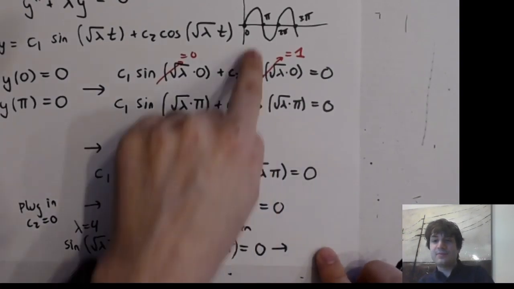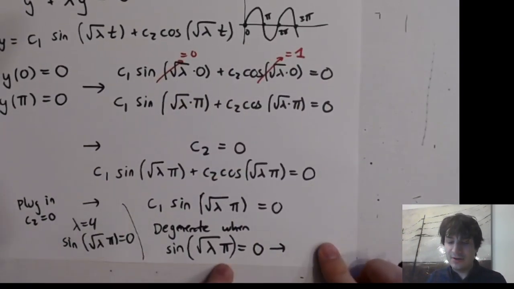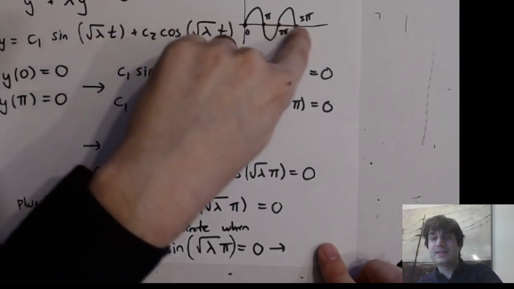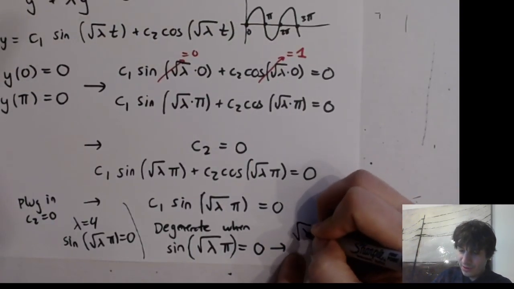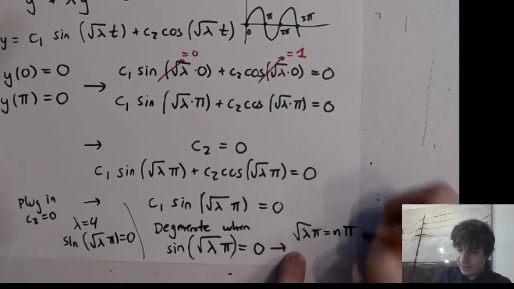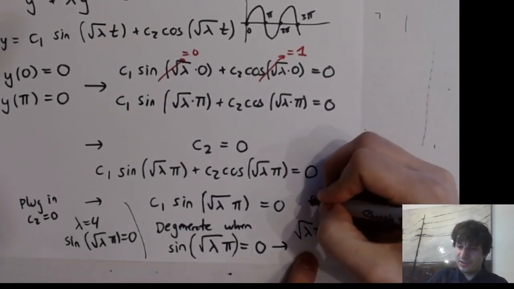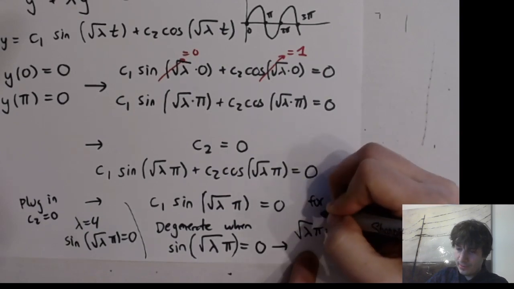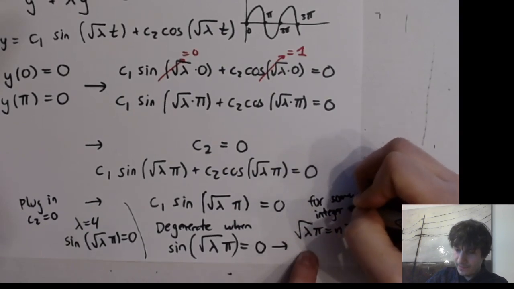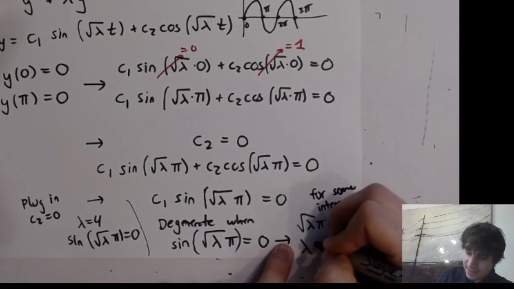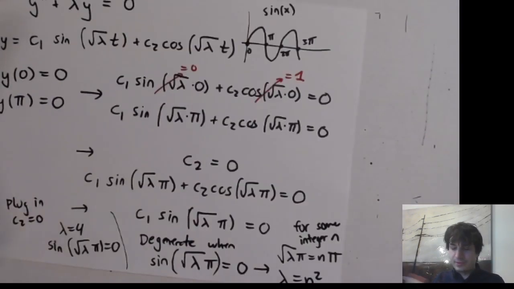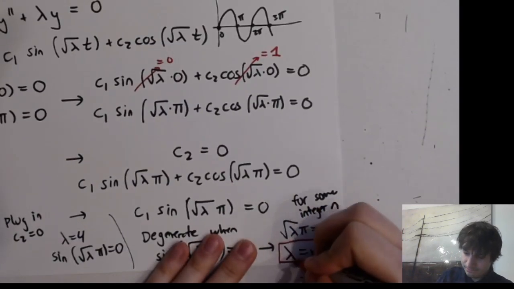When is the sine of something 0? The sine is 0 when the input is something times pi. So the sine of this number is equal to 0 if square root lambda pi equals n pi for some integer n. And finally, if you just cancel out the pi's, this says lambda equals n squared.